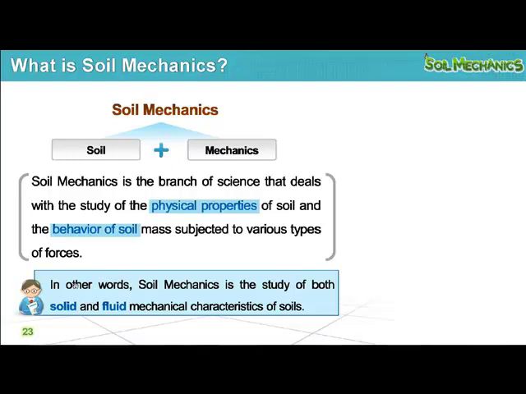Like I mentioned before, when the load is applied on the soil, how it deforms, how fast, how water flows through soil. In other words, soil mechanics is the study of both solid and fluid mechanical characteristics of soil. Solid refers to soil grain, and fluid refers to water in the soil.